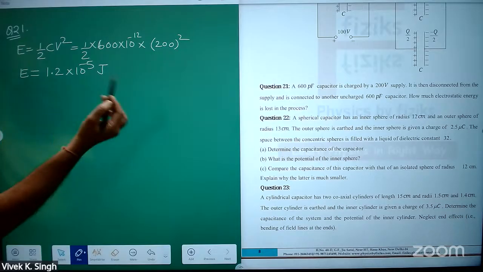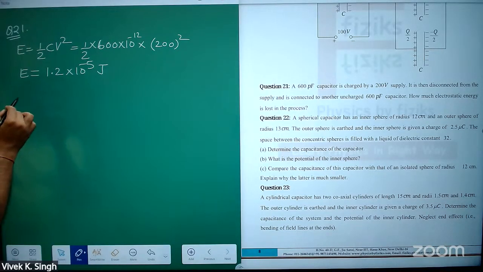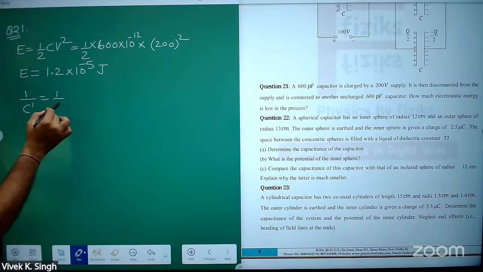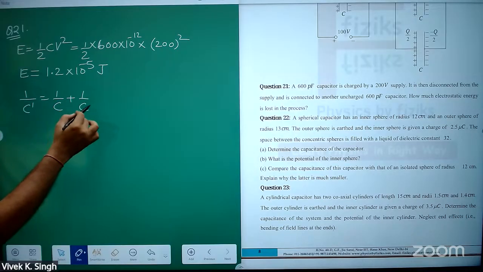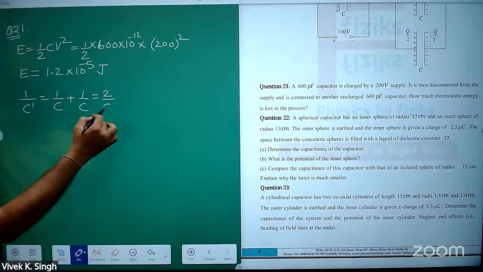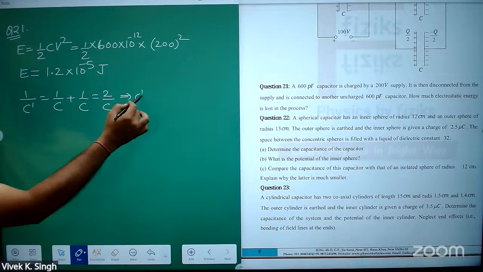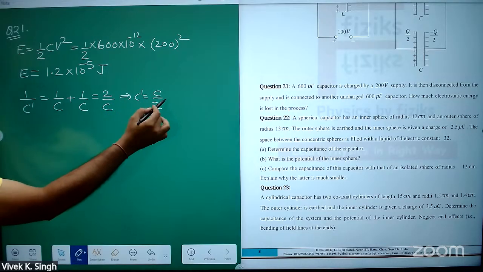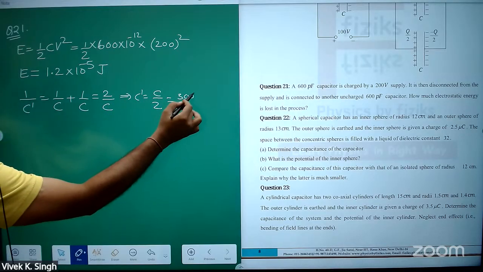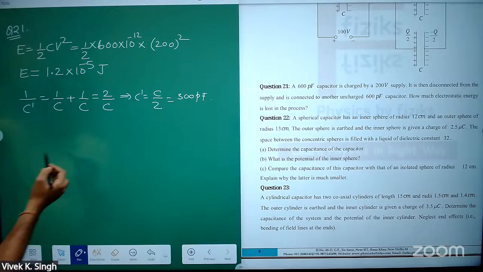When you connect with another capacitor, the equivalent capacitance is given by 1 by C plus 1 by C, and this will be 2 by C. So C dash is C by 2. So this is 300 picofarad capacitor.